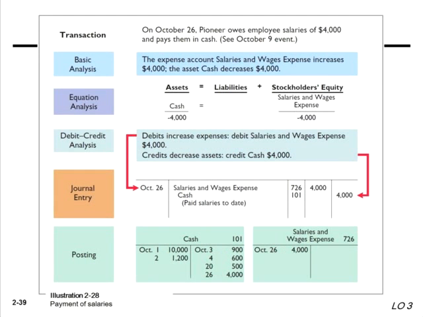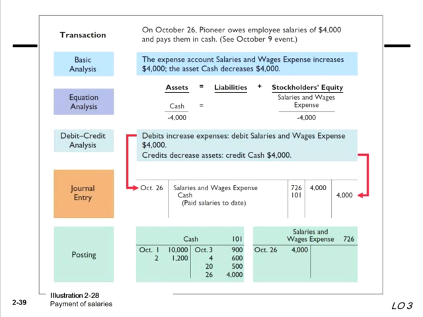On October 26th, Pioneer pays employees salaries of $4,000 and pays them in cash. So, pays them in cash tells us that $4,000 will be going out, so that'll cause a decrease in cash. And if they're paying employees salaries, they're paying them for services that the employees provided in order for the company to generate revenue.